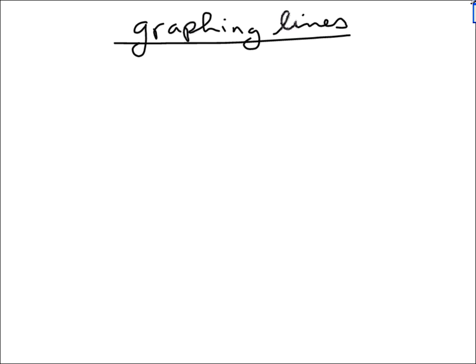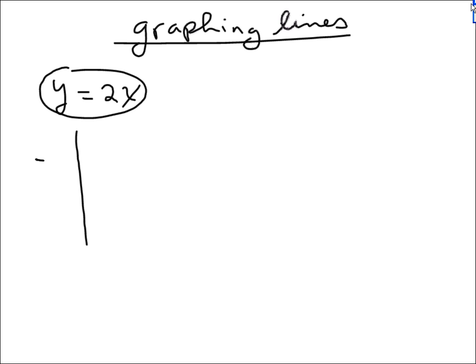You want to graph the line y equals 2x. If you can say in words what this is saying, then you have a much, much better chance of graphing this correctly.